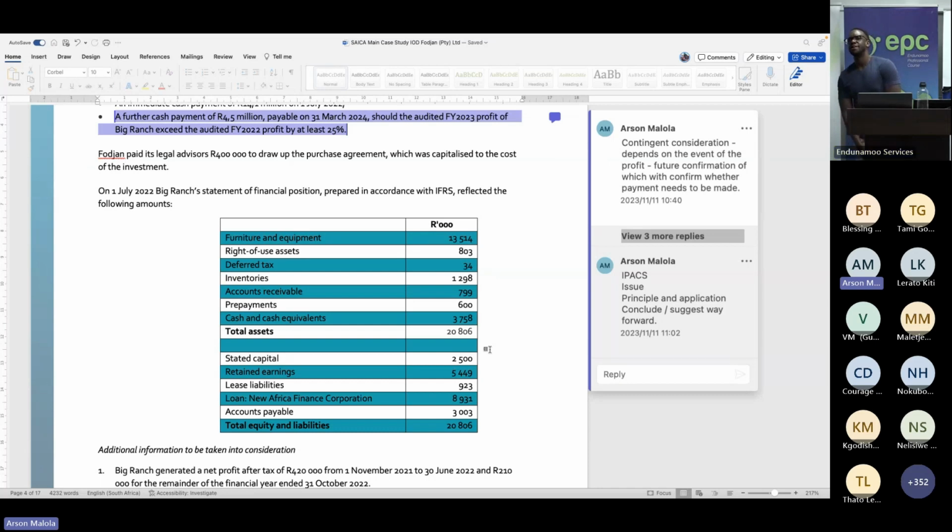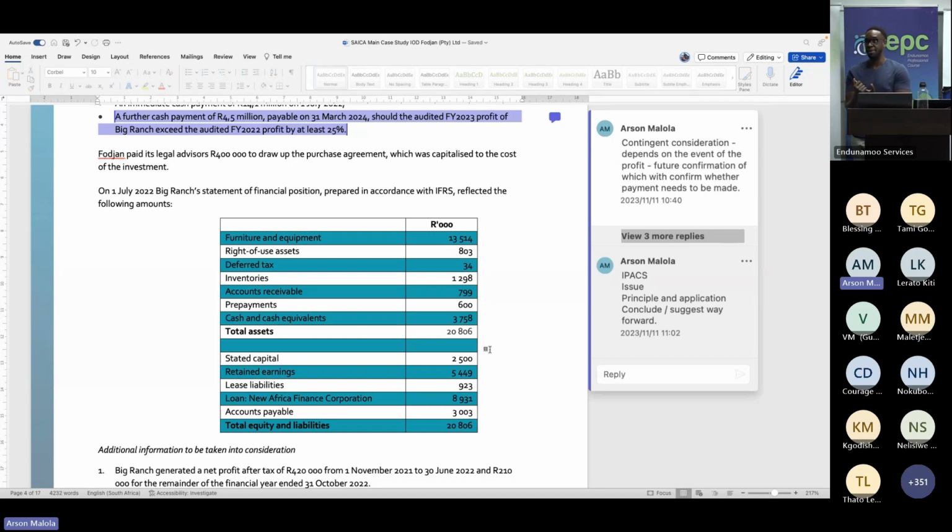No, absolutely. You need to take the examiner through your journey. So here, the payment depends on profit, right? So it's not as if I can decide to pay you or not. Therefore, that obligation point would be relevant in that scenario. Say it was a choice of Fojan whether or not they want to pay this additional amount. But here, it's beyond the control, because Fojan needs to pay this amount so long as that requirement is met.